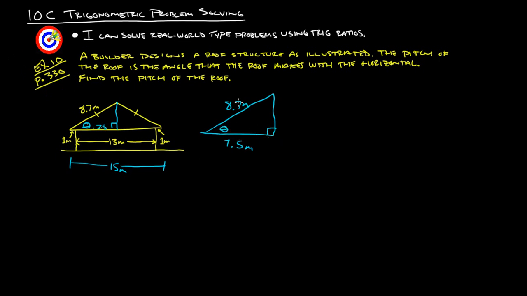Then all we have to do is figure out what that angle is. We have the adjacent and the hypotenuse, so that tells us that it's going to be cosine. So cosine theta equals the adjacent, which is 7.5, divided by the hypotenuse, which is 8.7.